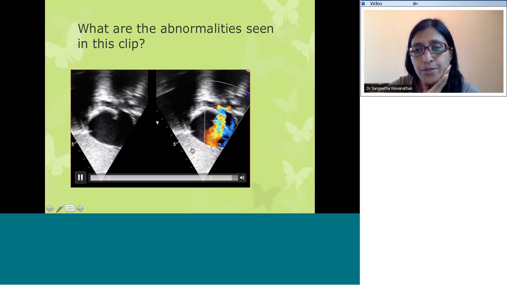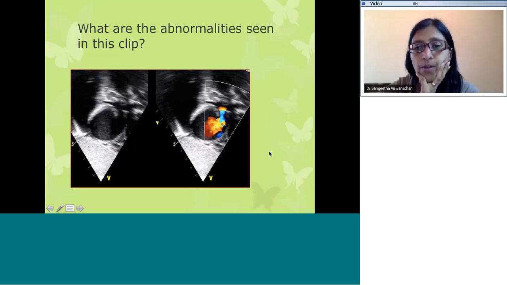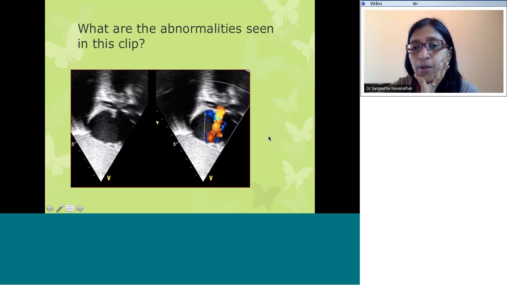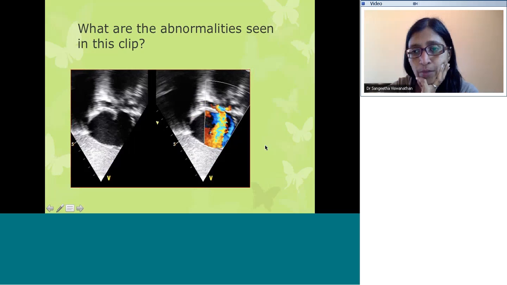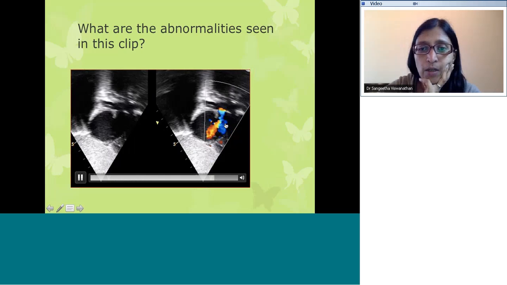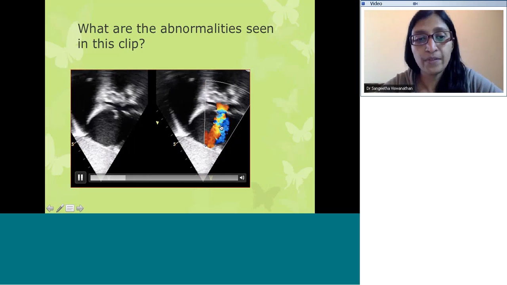The same patient, we know that the patient has got RA-RV dilatation. We know that there is a significant TR and right to left flow across the ASD or PFO. Correct. So we suspect that one of the differentials is total anomalous pulmonary venous connection.